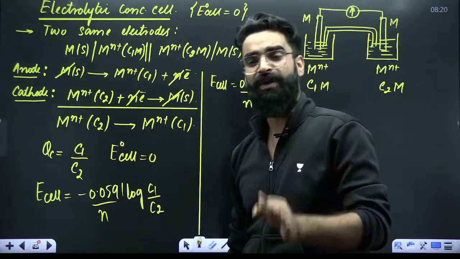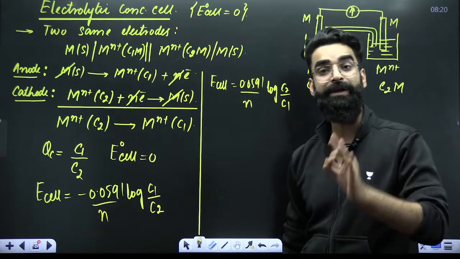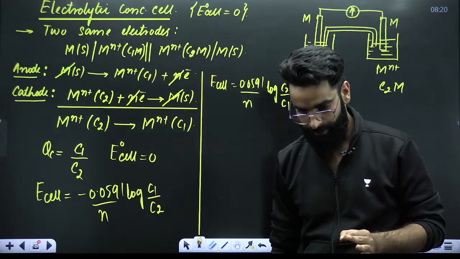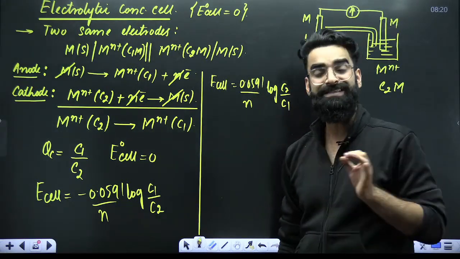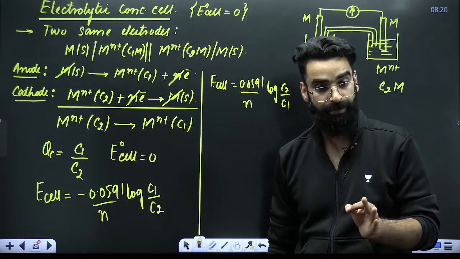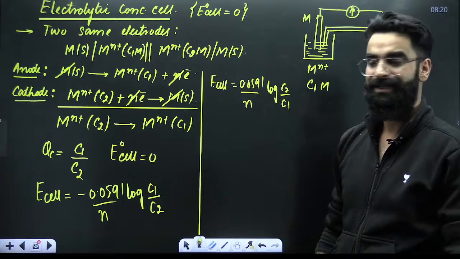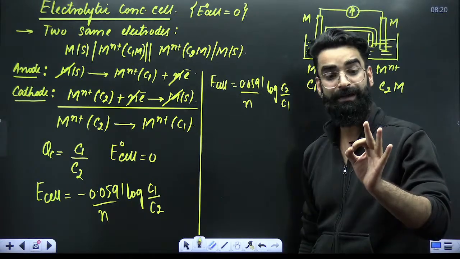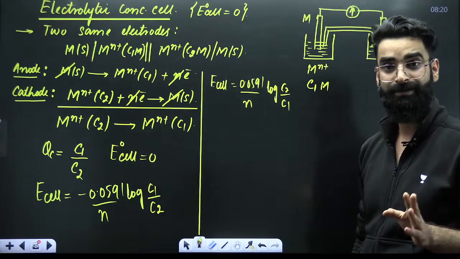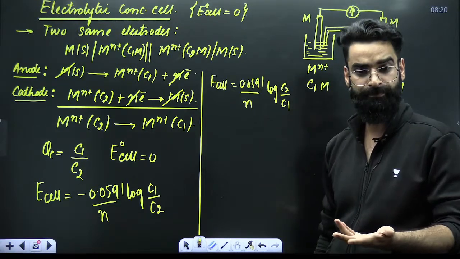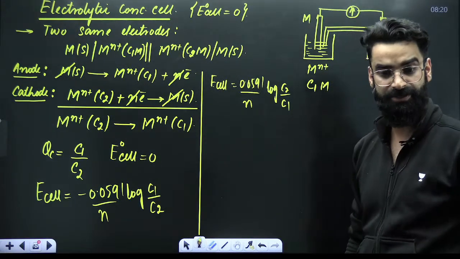Now, my dear students, if you remember, I told you in the last session that for any complete cell to work like a normal galvanic cell, its E cell value should be positive. Then only delta G will come out to be negative. Right? We have discussed that in the last session.